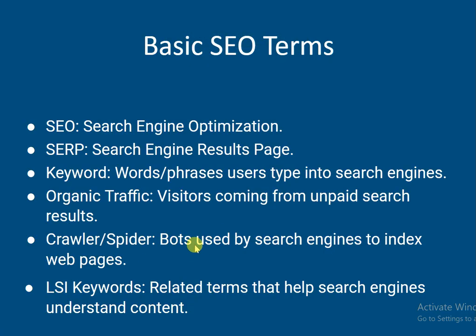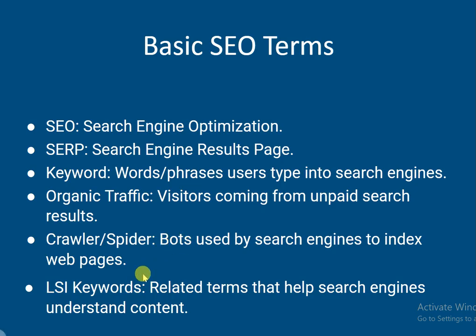Crawler, spiders. We have discussed these crawlers and spiders in yesterday's session, what is a search engine and how a search engine works. A crawler or spider refers to bots used by search engines to scan and index web pages so they can appear in search results.